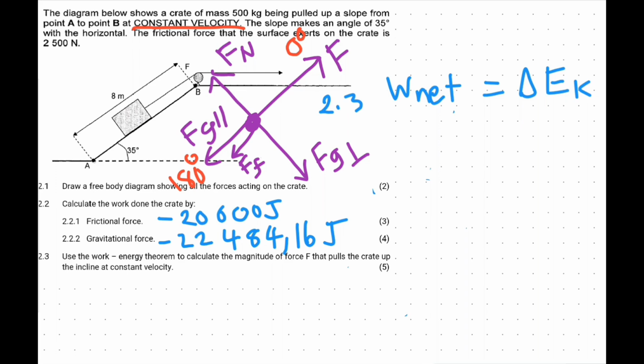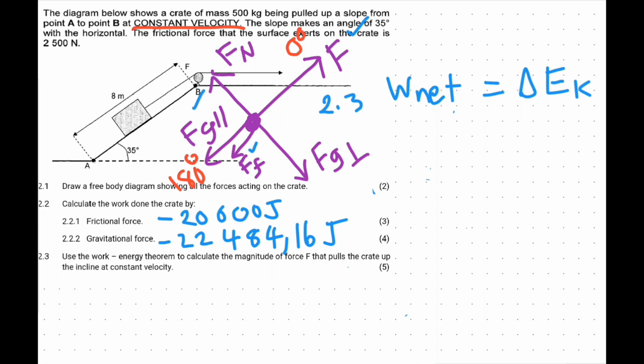W net represents the total work done by the forces, or the work done by the net force. In this case, we can use the work approach because 2.2 asked us to calculate the work. So let's calculate the total work done. The total work done will be the work done by which forces? All the forces that are parallel to the direction of motion only. Force F, FG parallel, FF.